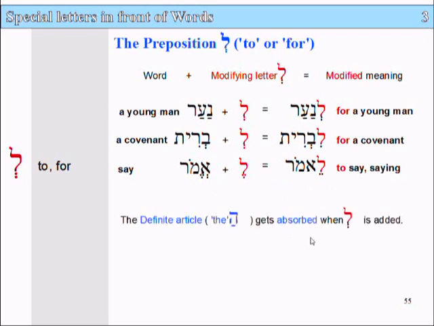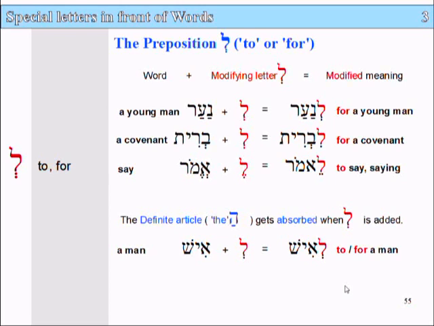Now, if we have a word with the definite article, the hay in front of it, and we add the lamed, then just like in the previous example, the hay gets absorbed by the lamed. So let's just look at a word without the hay, the word ish, or a man, and we add the lamed, we get leish, to or for a man.